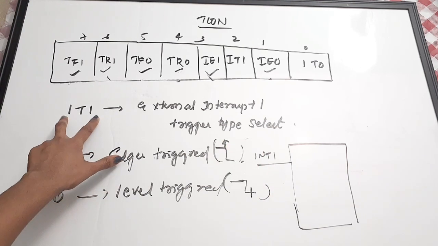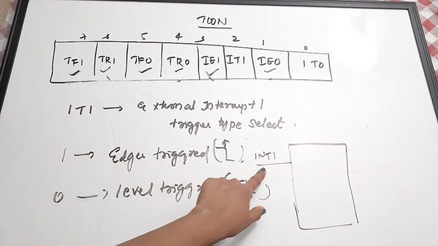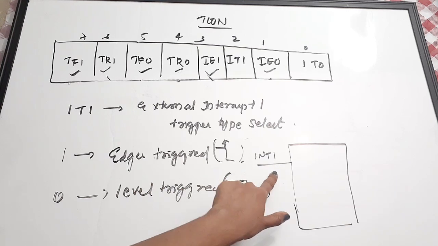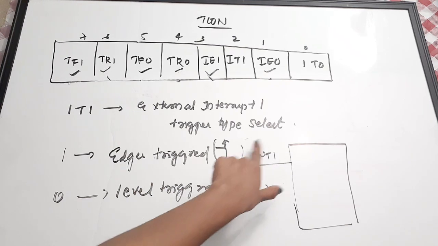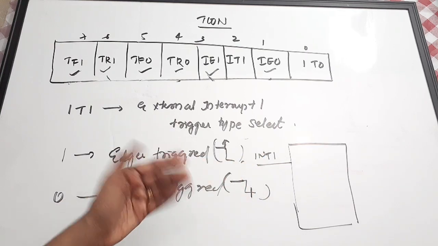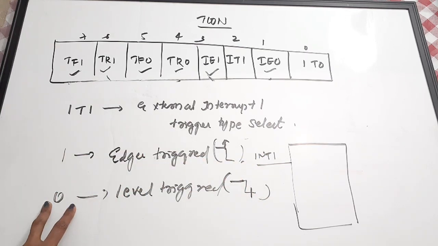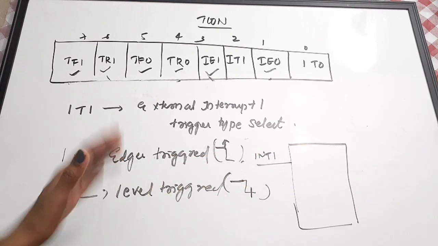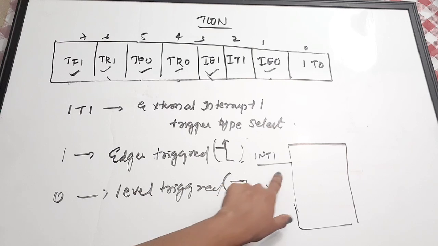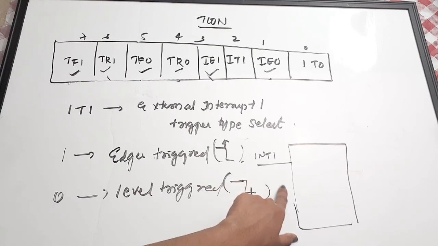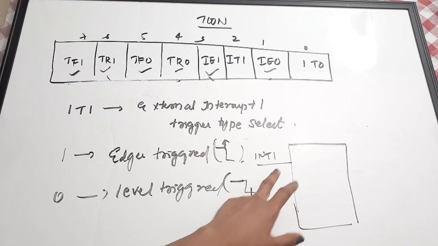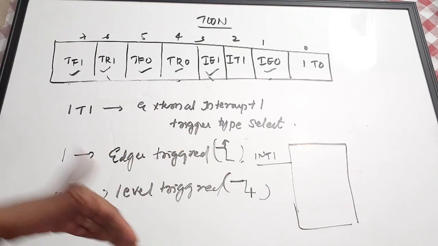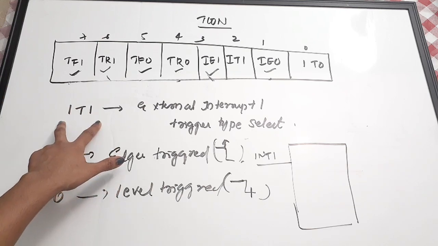If it is 1, that is, if there is a falling edge signal coming to the INT1 pin, then external interrupt 1 is activated or triggered. If IT1 is 0, this interrupt is a level triggered interrupt. Only if there is a low level signal coming to this pin, the INT1 interrupt is activated. So that is the importance of this IT1 bit.